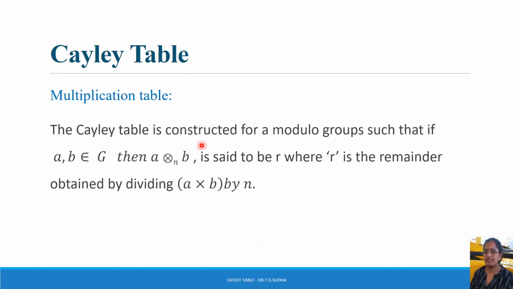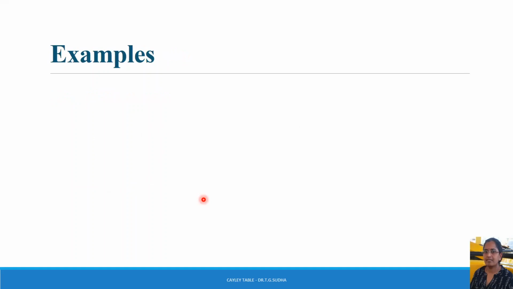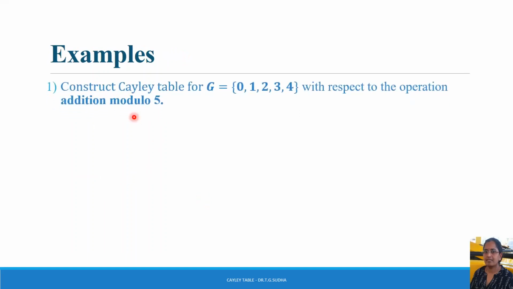The Cayley table is constructed for a modular group such that if A, B belong to G, then A multiplication modulo N B is said to be R, where R is the remainder obtained by dividing A into B by N. Let us discuss some examples.